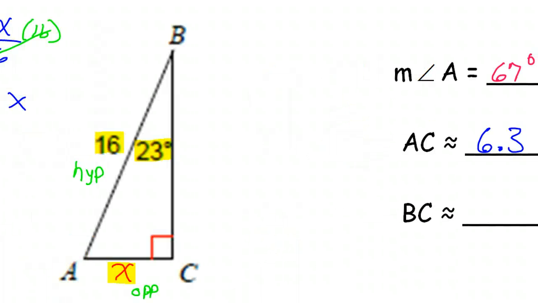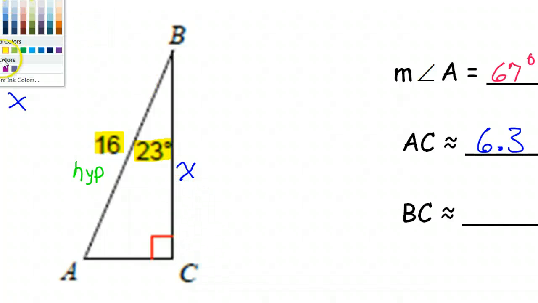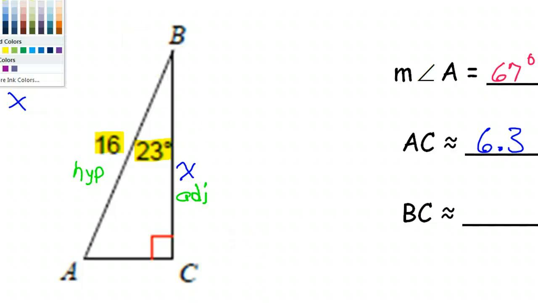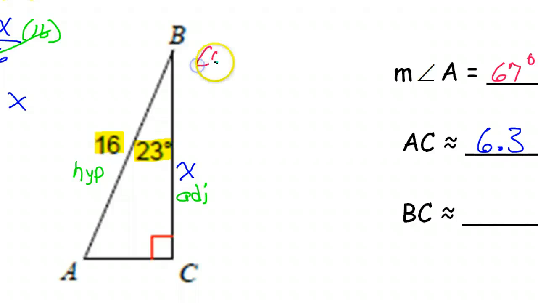Now we've got to find BC. I'll erase the AC because we already found that, and move my x to BC. Again I ask myself, is this opposite, adjacent, or hypotenuse? From the 23, this is adjacent. So I'm looking for adjacent, and I'm given the hypotenuse. Adjacent and hypotenuse, so what's up with that? You guessed it, that's all about the cosine function. Cosine of an angle is adjacent over hypotenuse, so that is x over 16.